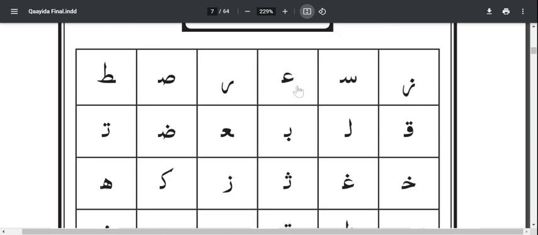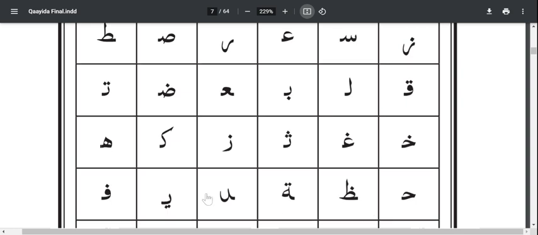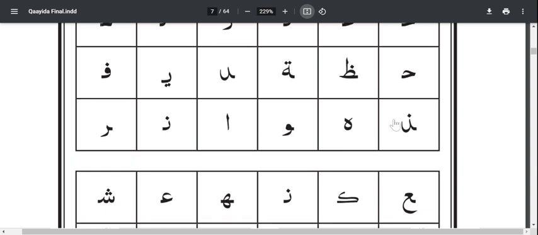Za, sin, ain, ra, sad, ta, qaf, lam, ba, ain, dad, ta, kha, ghain, tha, za, kaf, ha, ha, dal, ta, dal, ya, fa, dhal, ha, waw, alif, noon, ra.